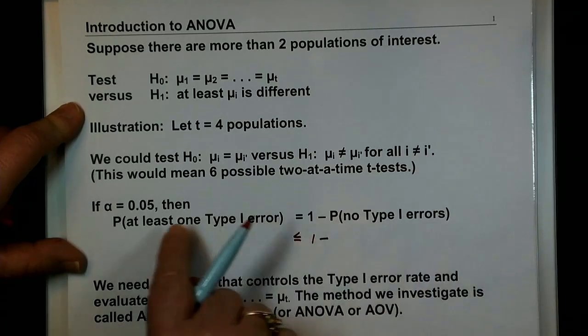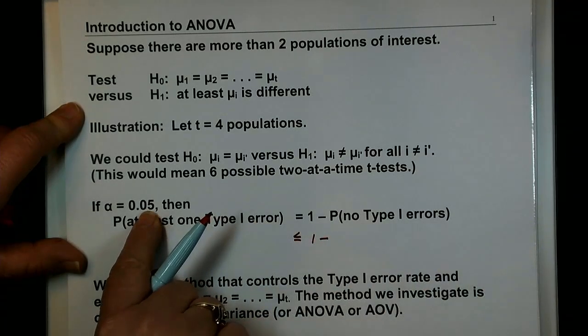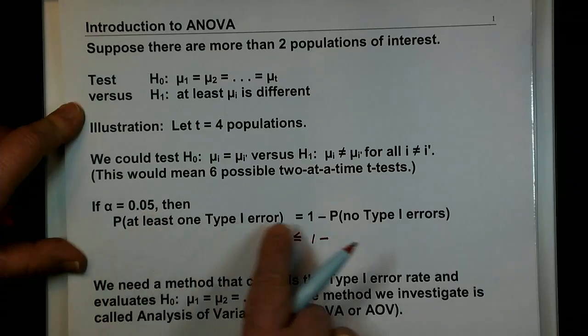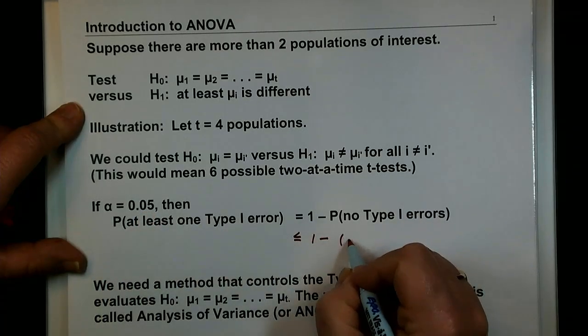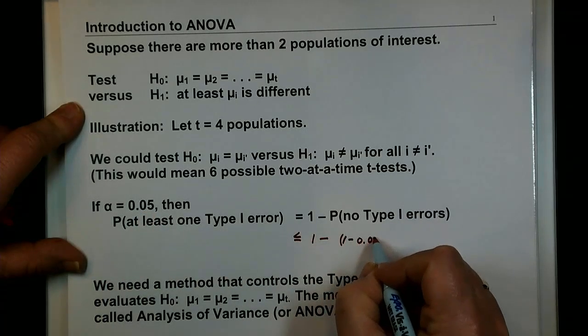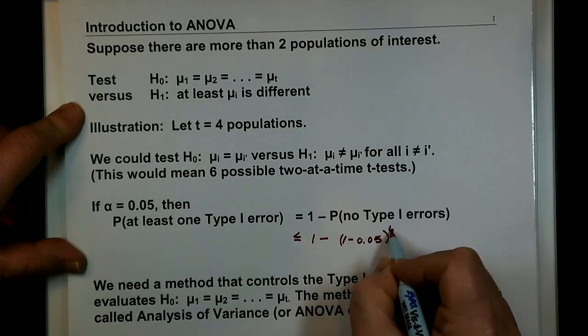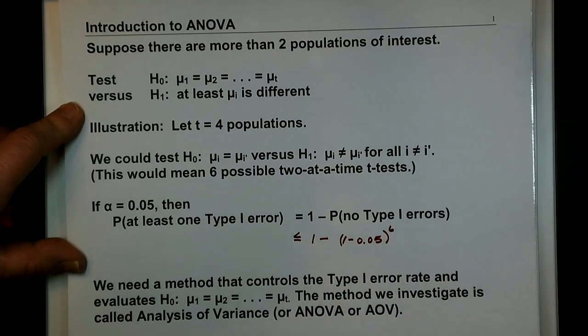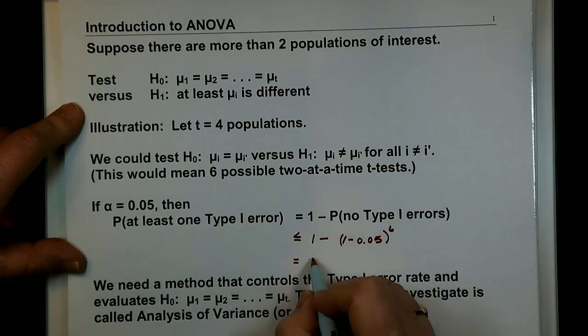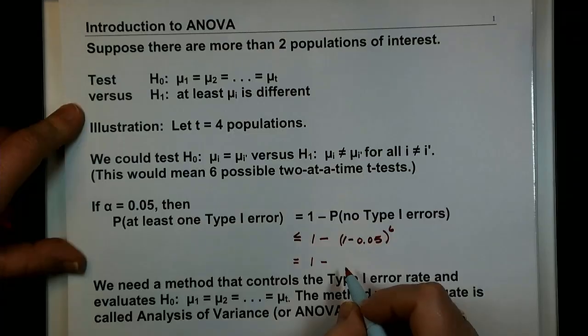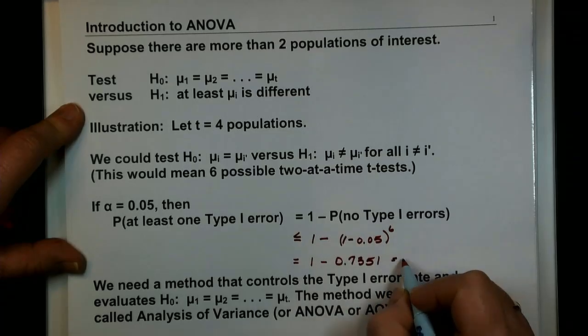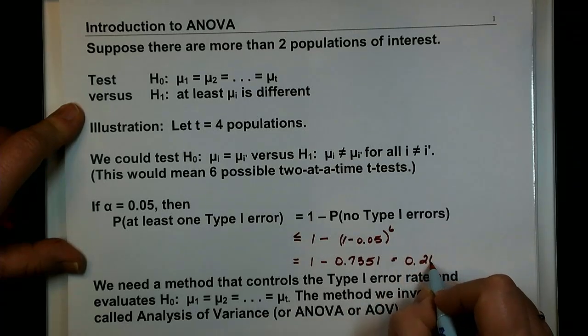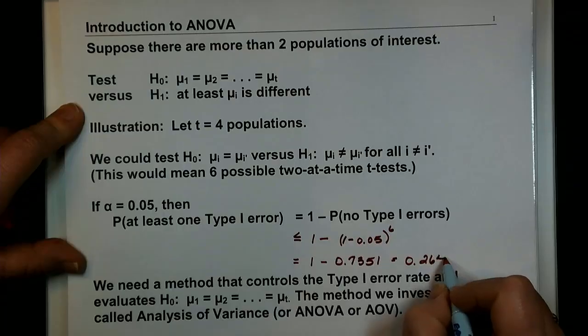Well, if alpha is 0.05 for the probability of a type 1 error, the probability of no type 1 error is 1 minus 0.05, or 0.95, for all 6 of those tests. And when we compute this, what I have is 1 minus 0.7351, and that's 0.2649.